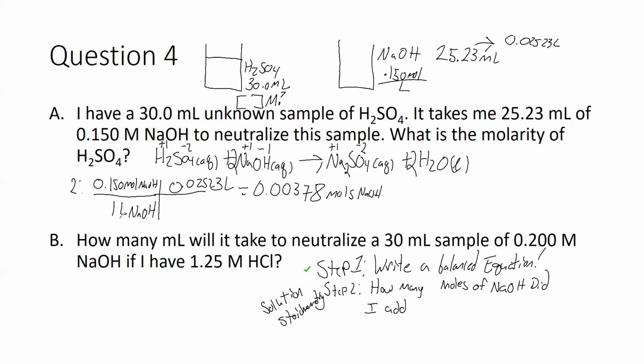Because if we look at the train track, I have liters on the bottom. And if I multiply by liters on the top, my final unit is moles, which is what I want. So that's step 2. How many moles of NaOH should I have?